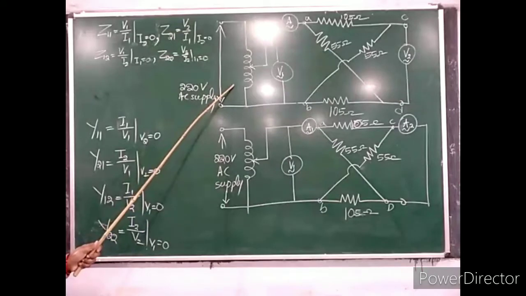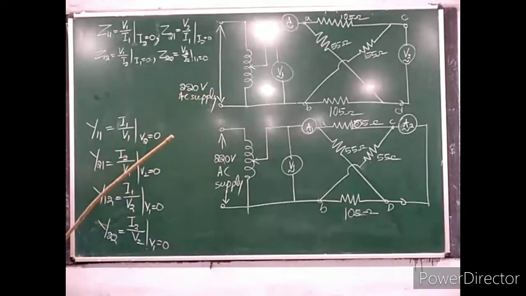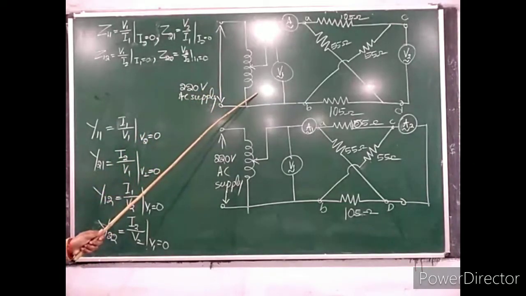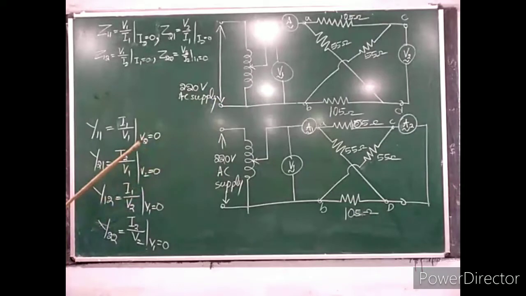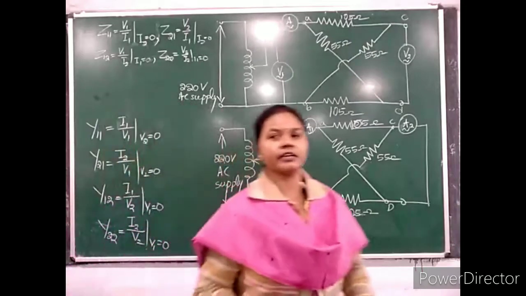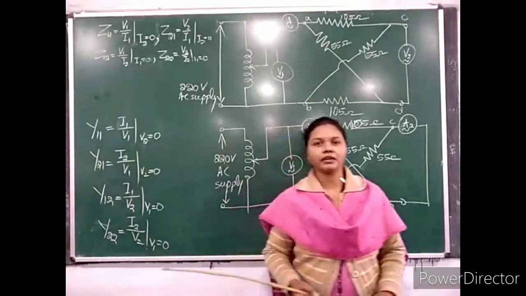Here, students, is the experiment circuit diagram for Z parameters. Now come to Y parameters. Y parameter is named the short circuit parameter. Why short circuit parameter?